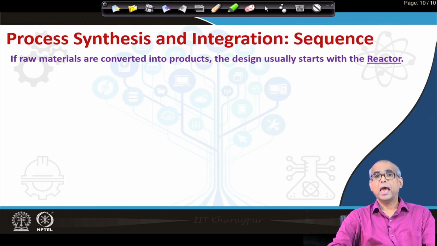You may have some processes where you do not have a reaction. Let us say your process consists of separation, so it does not have a reactor. So, the design may start with the separator. But whenever you have raw materials to be converted into desired products, the design will usually start with the reactor.